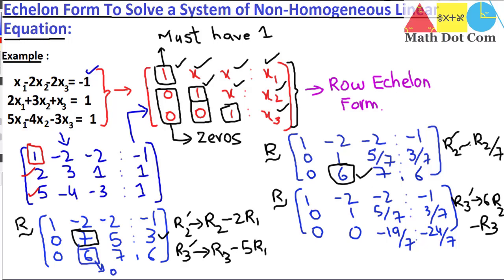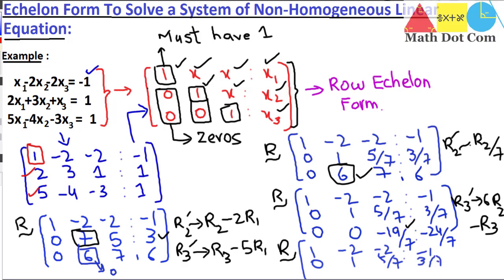and we will get 0 at this location. Then again we have to apply a row operation in order to get 1 at this location. So let's see: 1, minus 2, minus 2, minus 1, then 0, 1, 5 by 7 and 3 by 7.